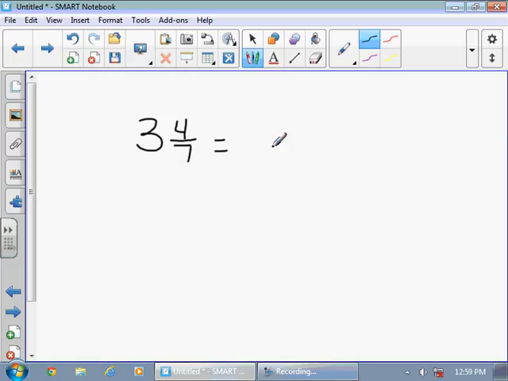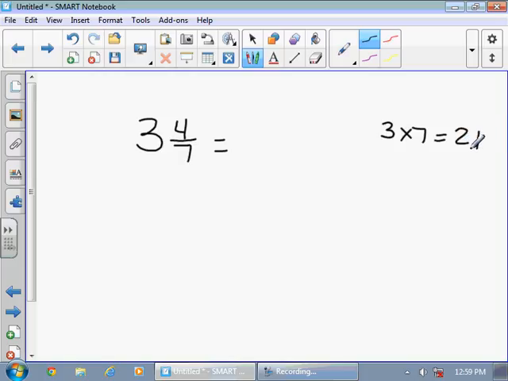There you go. Alright, so Rachel, what was step 1? Okay, so what's my whole number in this problem? And what's my denominator? Okay, so can you do 3 times 7?